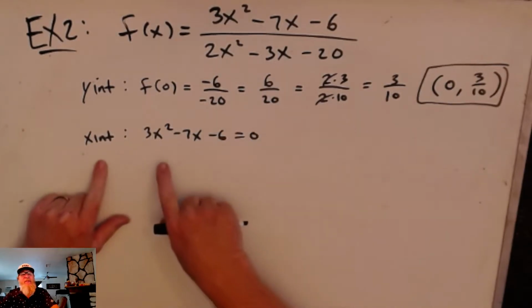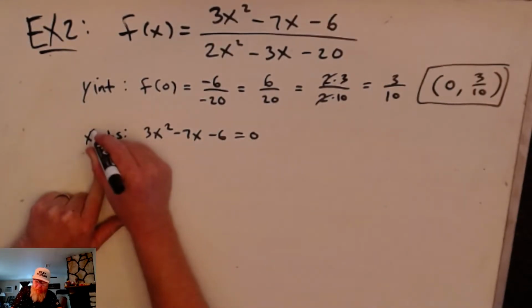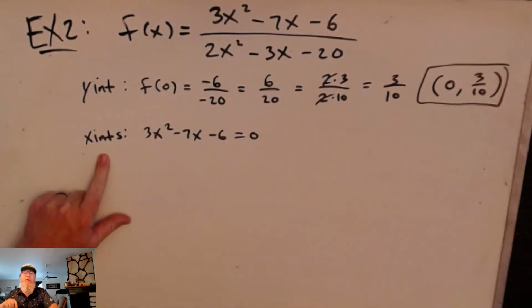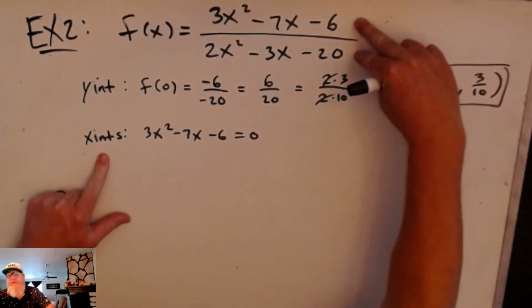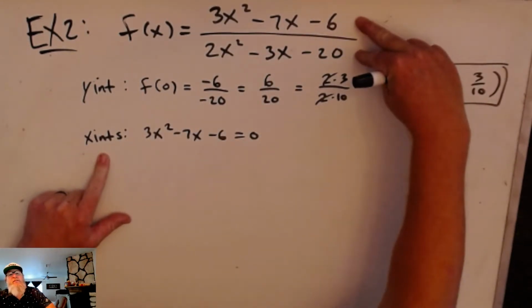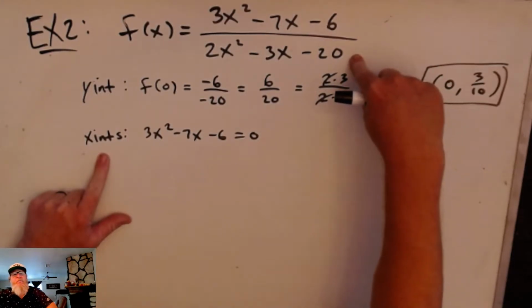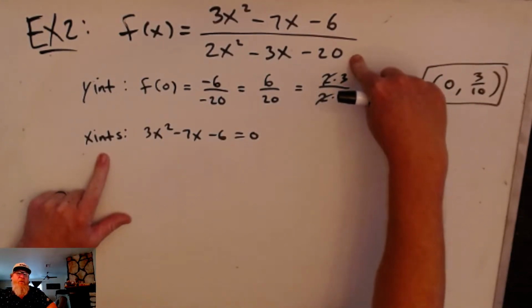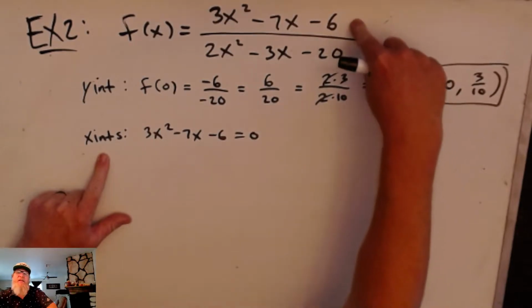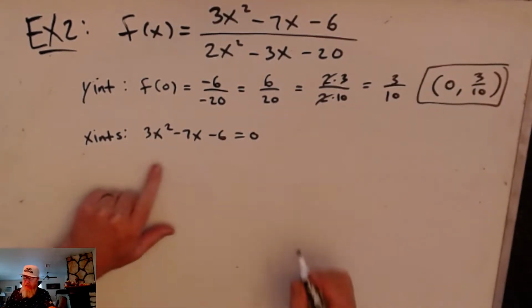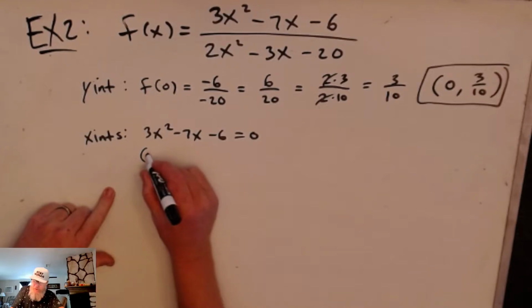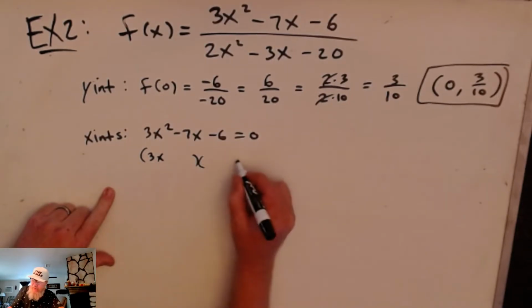For the x-intercepts, there's actually more than one. We set the numerator equal to 0. So I want to point that out. There's 2 different parts to the function. So the denominator would tell us the domain or the vertical asymptotes, and the numerator would tell us the x-intercepts. And again, try to avoid using the quadratic formula unless you absolutely have to. Let's try 3 and 2.